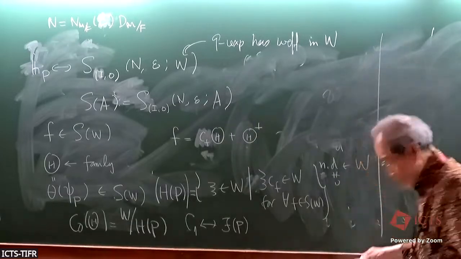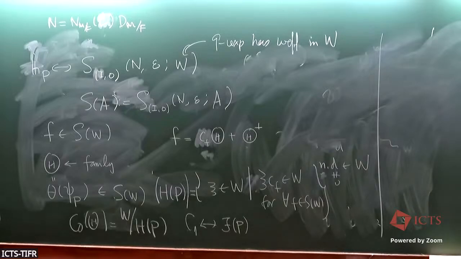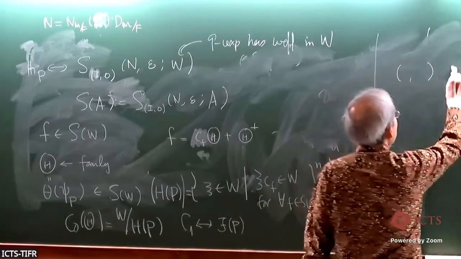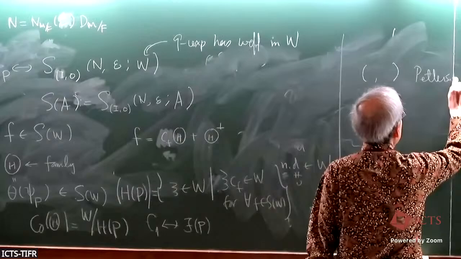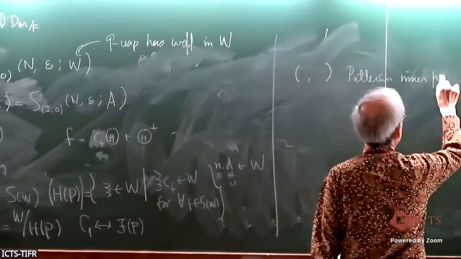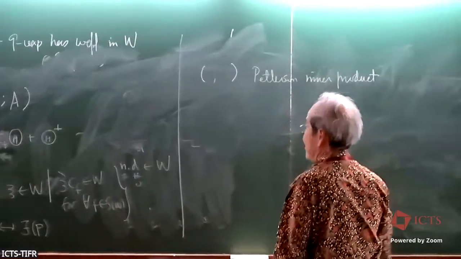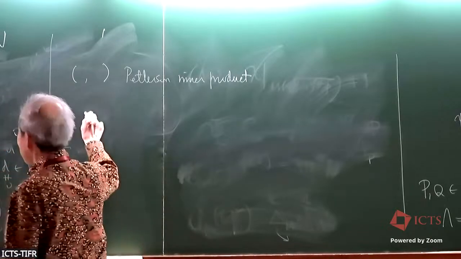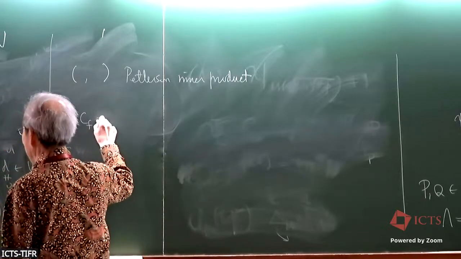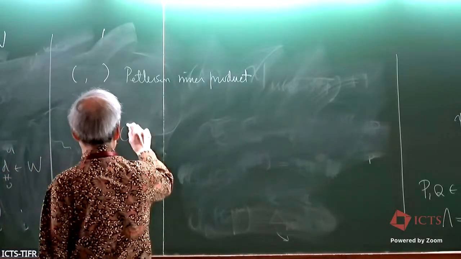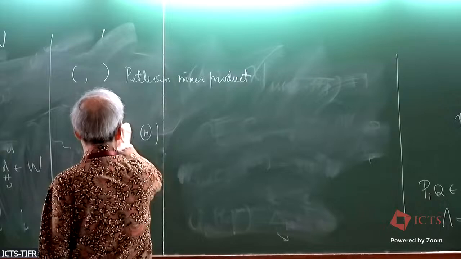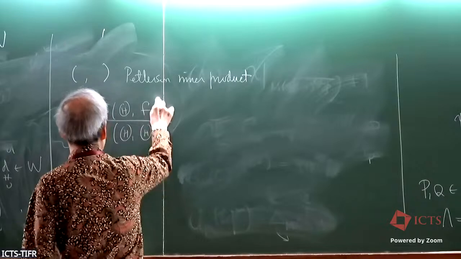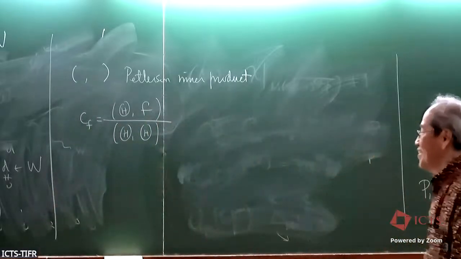Okay. All right. Then I have a Petersson inner product. And you compute it by the Petersson inner product. Then C_F is what? Obviously, it's theta self-product divided by theta F, right?